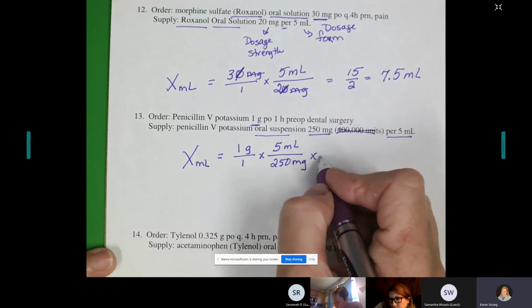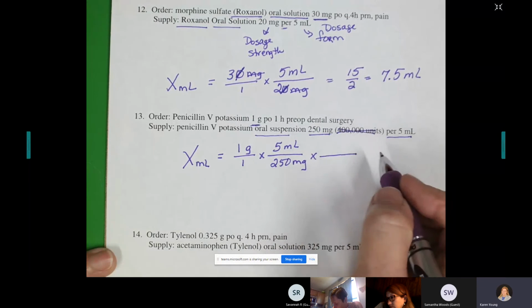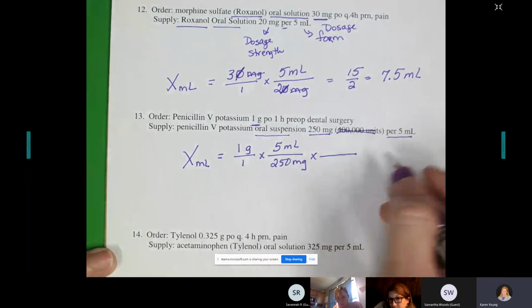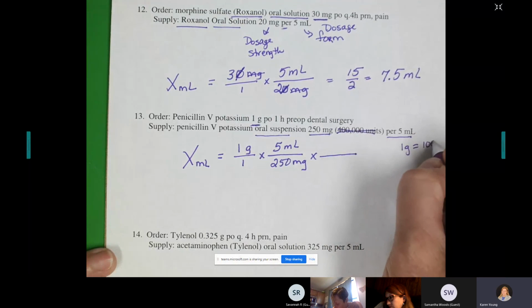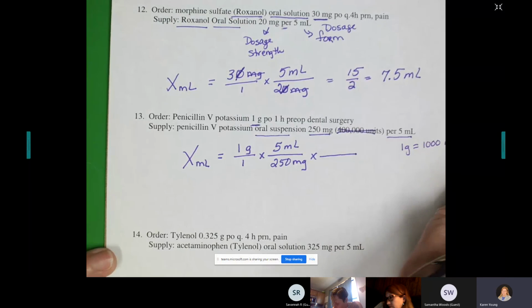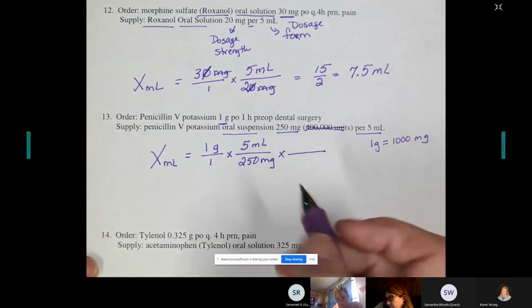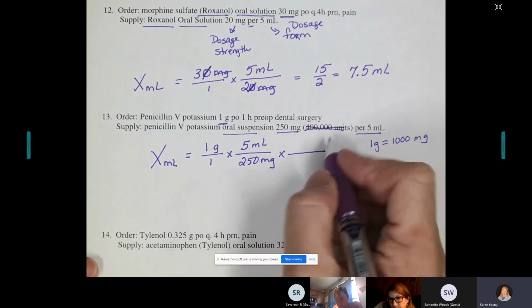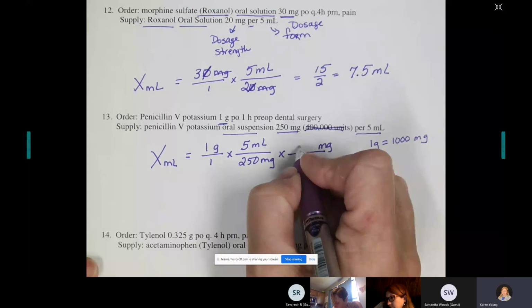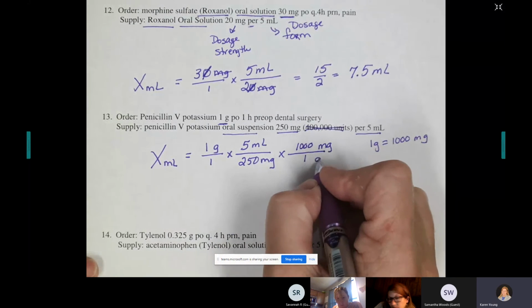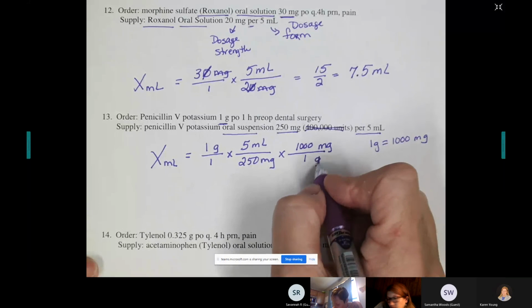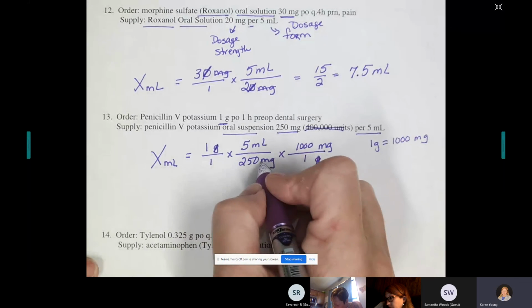So this means that I'm going to do a conversion, because if they don't match, I've got to convert them. So again, 1 gram is equal to 1,000 milligrams. And since milligrams is on bottom, milligrams has to go to the top. So I have 1,000 milligrams on top. I'll have 1 gram on bottom. That way all my units cancel.